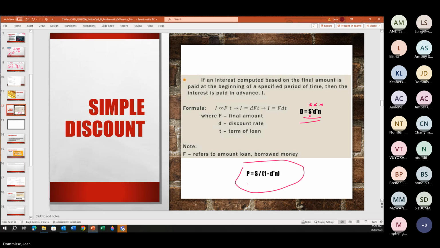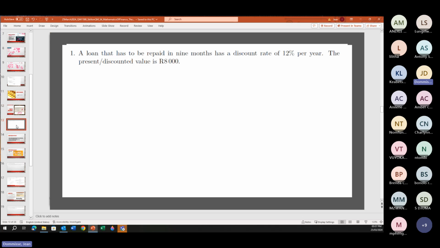Nowadays, what they will say is if you pay cash, you maybe get a discount. So that is nearly the principle. Instead of paying by credit card, you pay by cash. Somebody might give you a discount, and that is what this entails, the discount that you get. Okay, so let's look at a question around this.